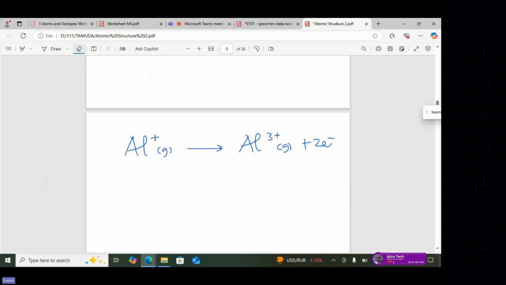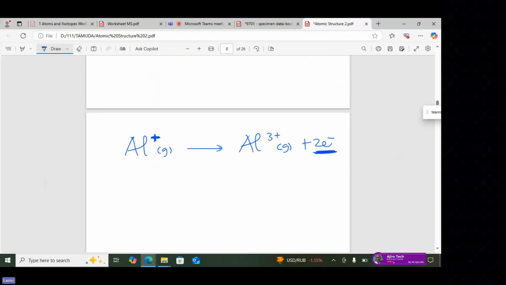It's the first, second, and third ionization energy? No. Electrons involved: it's only 2 of them, not 3. There are 2 electrons involved. If it was 3, you'd involve first, second, and third. These involve only 2 electrons. Which and which? So it's the first and the second.